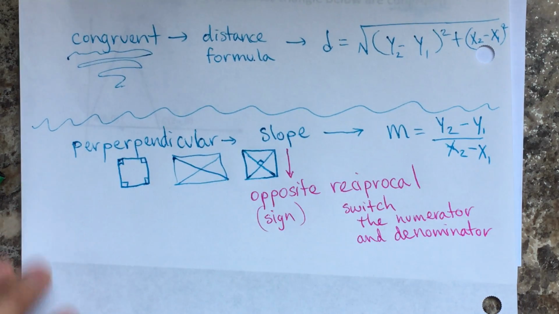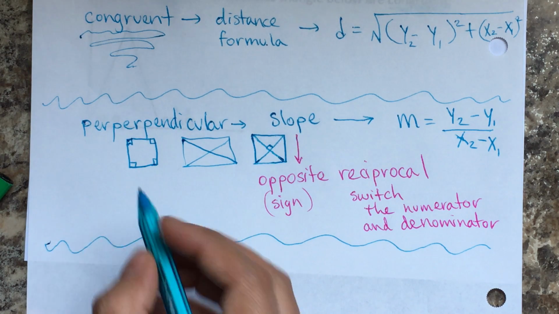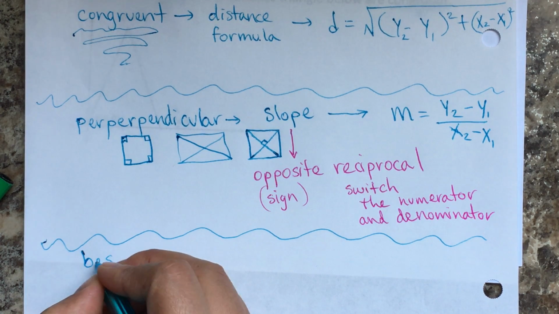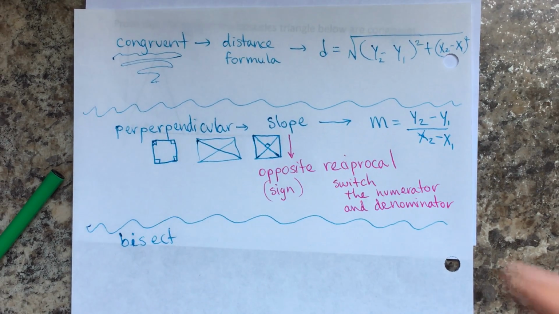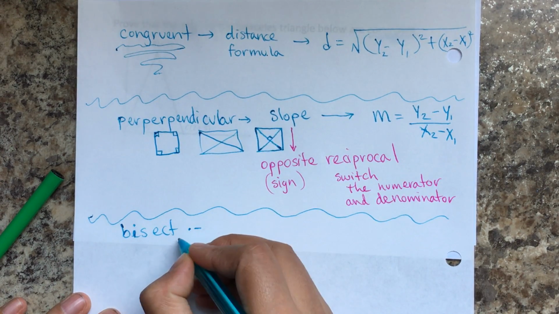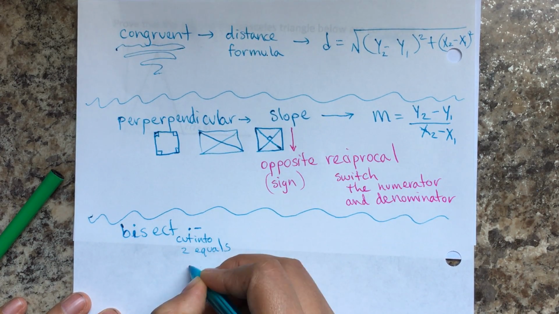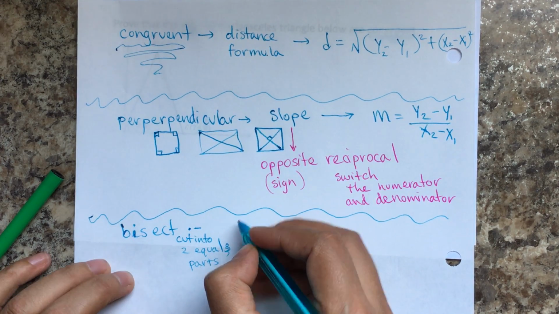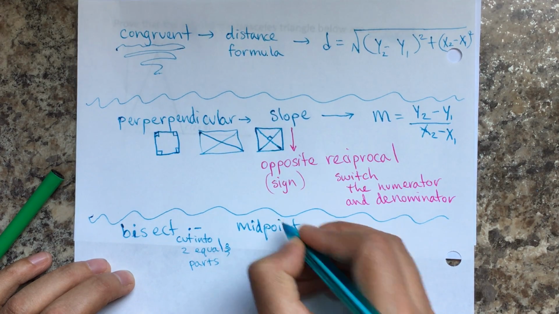Finally, the other key word is bisect. Bisect means that they cut into two equal parts. What you need here is the midpoint. If they are cutting themselves in half, then that means that they share the same midpoint.